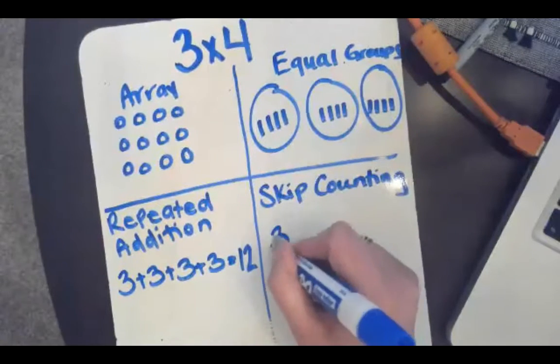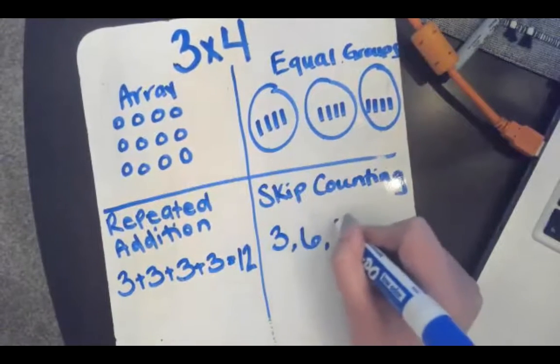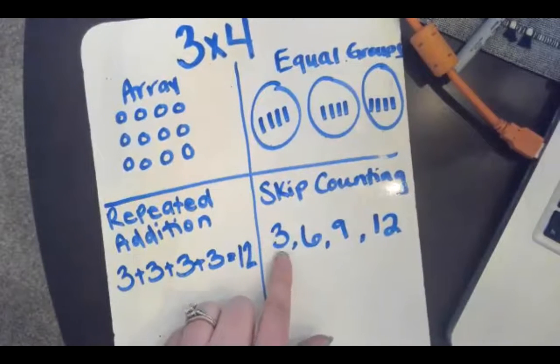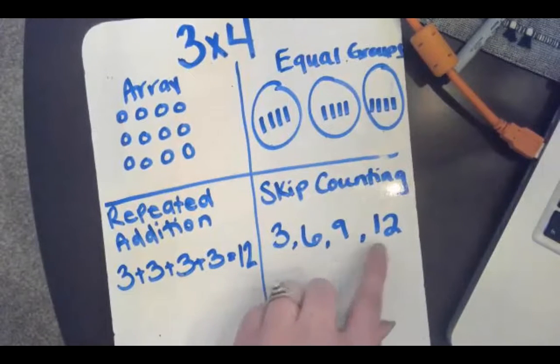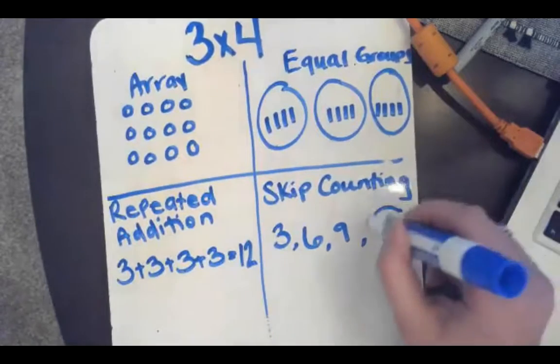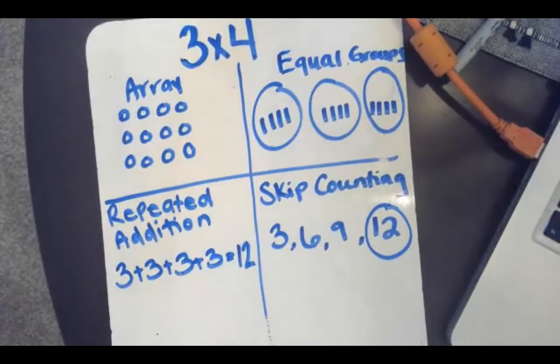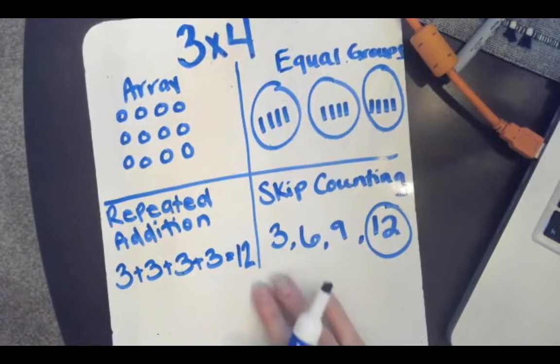So we're going to go 3, 6, 9, 12. Because I skip counted by 3, 3, 6, 9, 12, 1, 2, 3, 4 times, 3 times 4 is 12. And the last one, just one more, is number line.